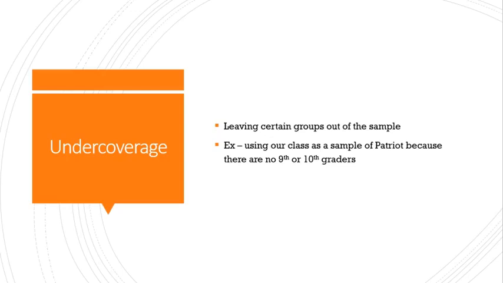So we would be leaving those entire groups out of our sample. If we were to ask a question, let's say about whether or not Patriot should have activity buses, people in our class are juniors and seniors and way more of them drive. They might not really care about an activity bus, whereas the freshmen and sophomores might really want them. So our sample wouldn't be accurate of the school as a whole.